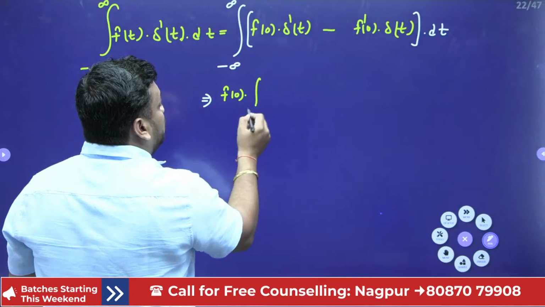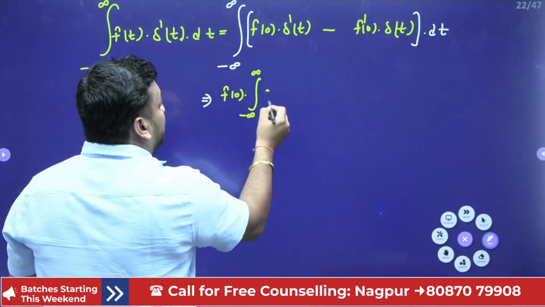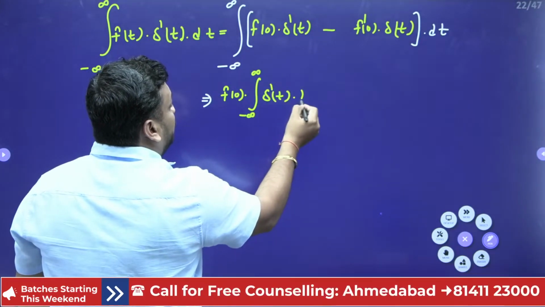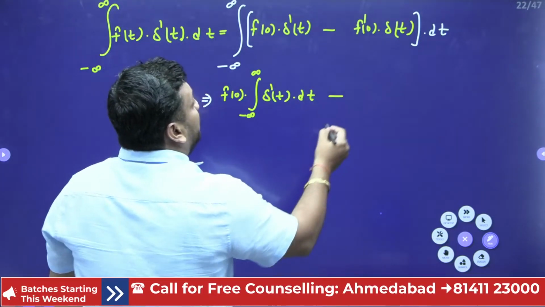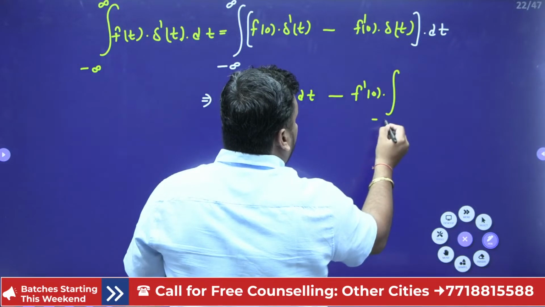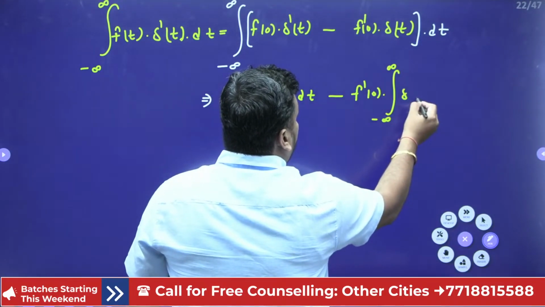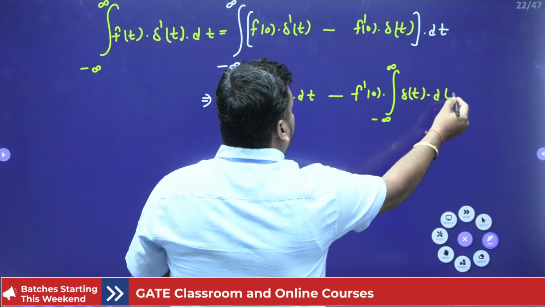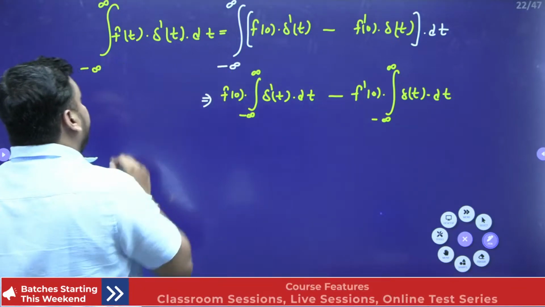I will get f(0) outside and integral from minus infinity to infinity of del dash t dt. This is the first term. Minus f dash 0 will also be outside the bracket, and inside I will get integral from minus infinity to infinity of del t dt.